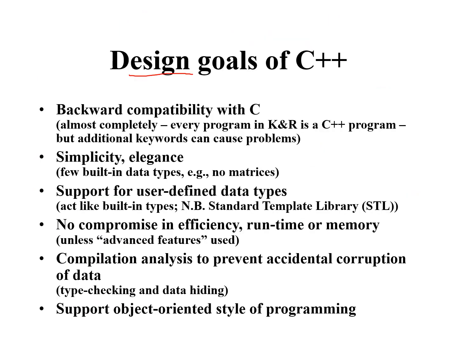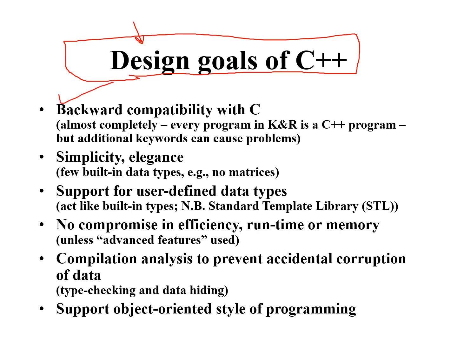Now, design goals for C++. What are the design goals for the C++ language? First, backward compatibility with C. How much is the backward compatibility with C? Here it is written: almost completely. Every program in K and R is a C++ program.